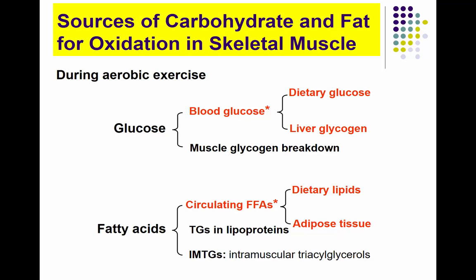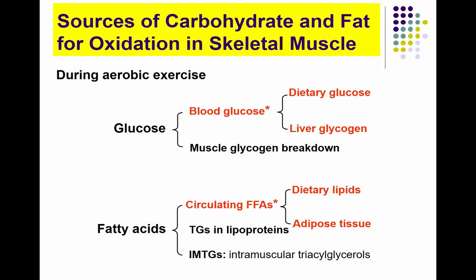And fatty acids. So fatty acids also have three different sources. The first is circulating fatty acids, which can be from dietary lipids, and can also be from triglyceride breakdown, right, from the adipose tissue. And triglyceride in the circulation in the VLDL can be transported from the liver to the muscle, right?